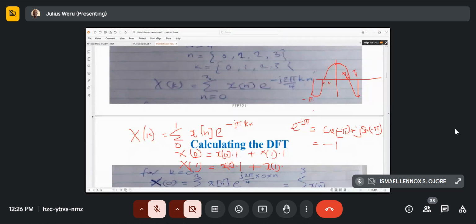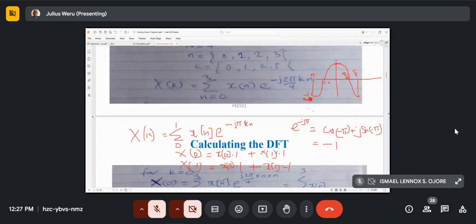So I mean, this is also minus pi, which is minus 1, sorry. So cos minus pi is minus 1. That's the same as cos plus pi. So this becomes times minus 1.